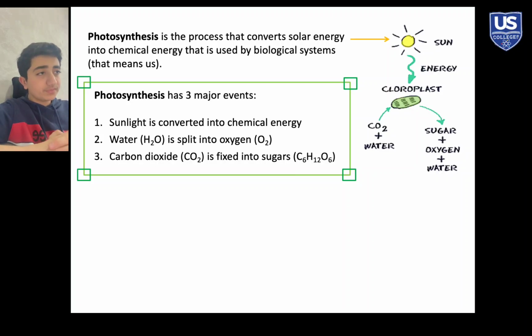So let's explain. The sun will be converted by the chloroplast into chemical energy, and it will be captured by a green pigment inside the chloroplast, which gives the plant its color, and it will capture the sunlight energy. And after that, we have CO2 and water.